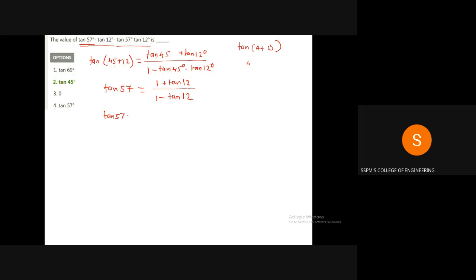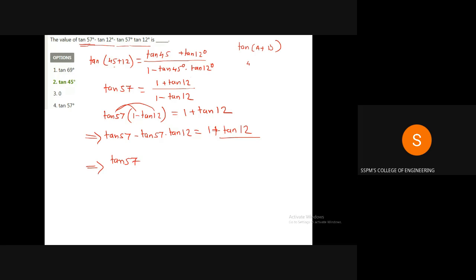If we multiply this inside the bracket, we have tan 57 minus tan 57 into tan 12 is equal to 1 plus tan 12. Now this tan 12 we can take on the left hand side, so plus tan 12 will become minus tan 12.